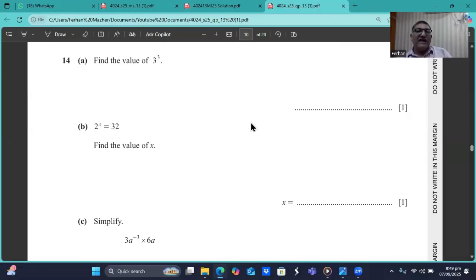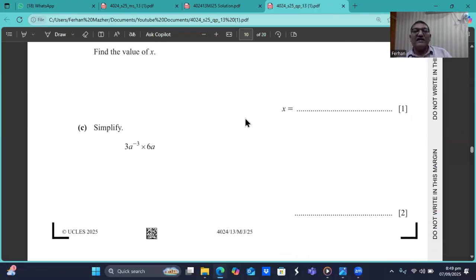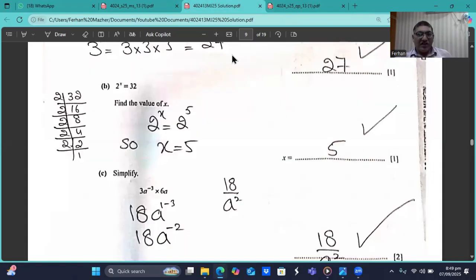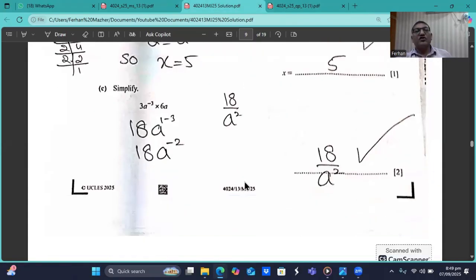Okay, so then we have question number 14 and its C part, 2 marks question. He says 3a raised to power minus 3 multiplied by 6a. So the coefficients will multiply with the coefficients. This variable will multiply with the variable. When you multiply two variables which have the same base, their powers are added up. So minus 3 plus 1, that will be minus 2. 3 6s are 18.